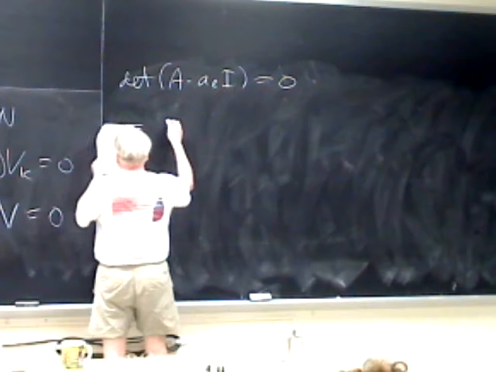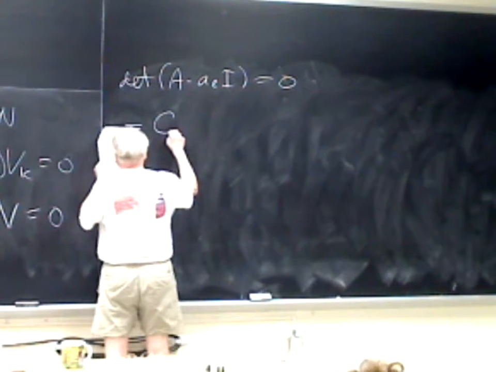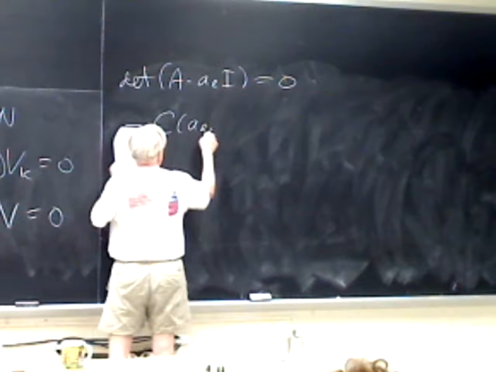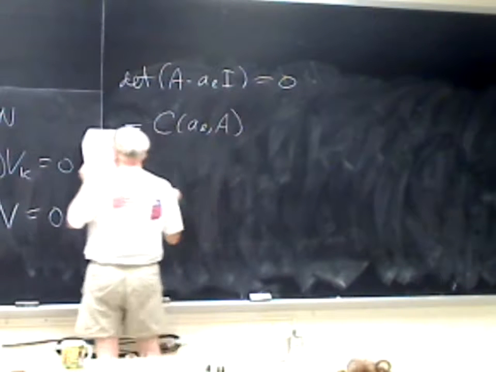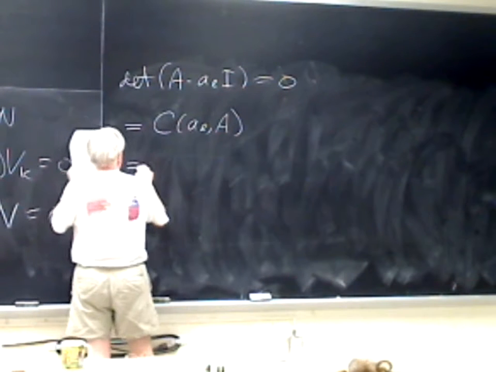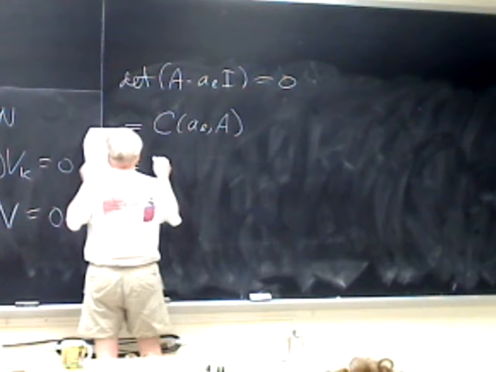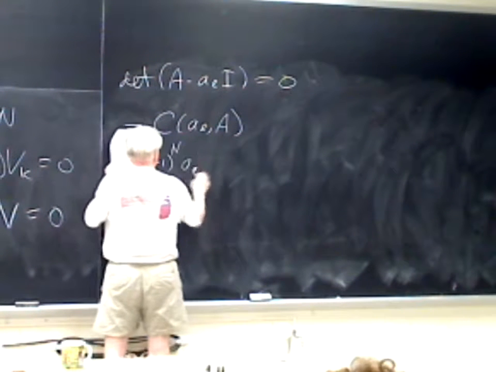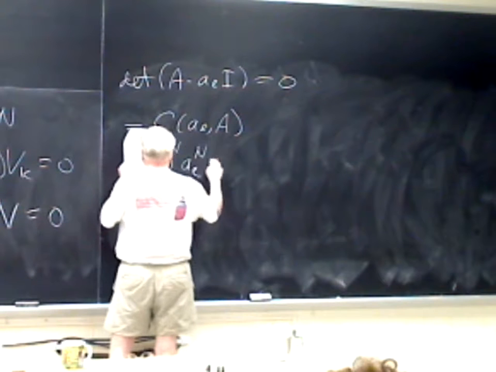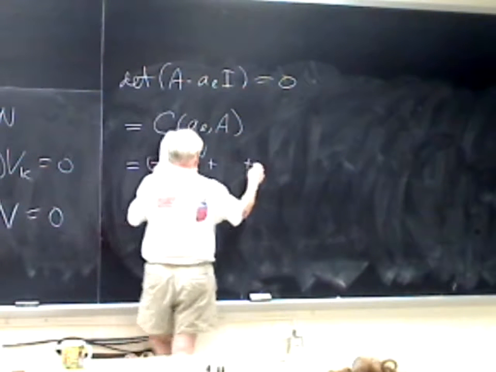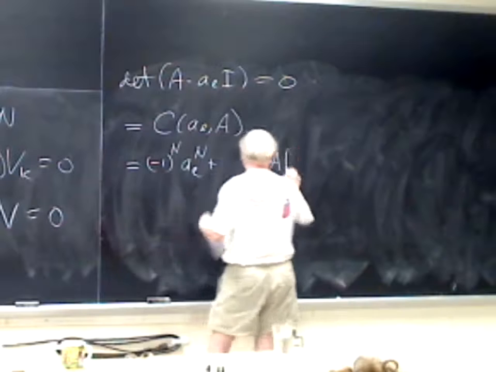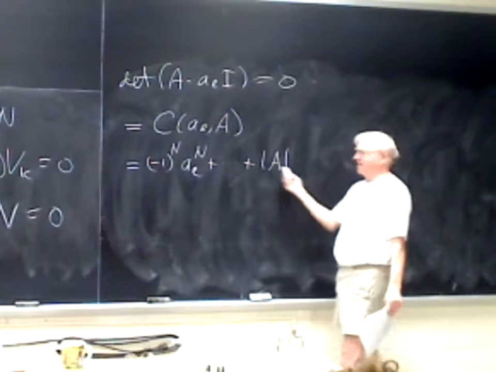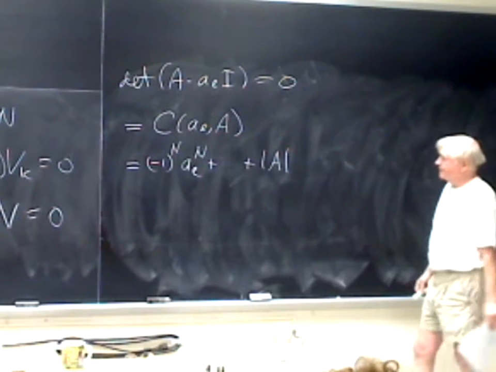So this equation is what is called, in fact, the characteristic equation, and that is (minus 1)^n a_L^n plus dot dot dot plus just the determinant of A equals 0. This is the other notation for this determinant.